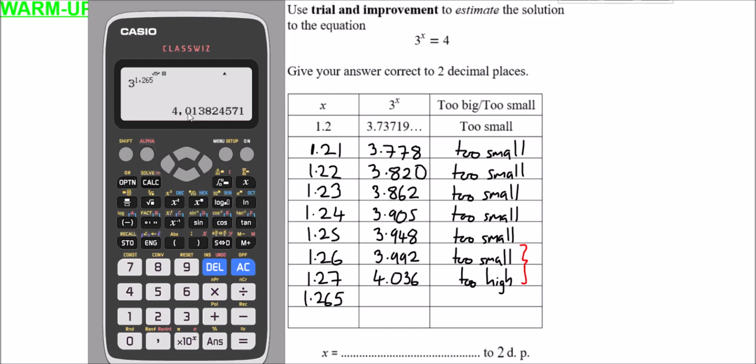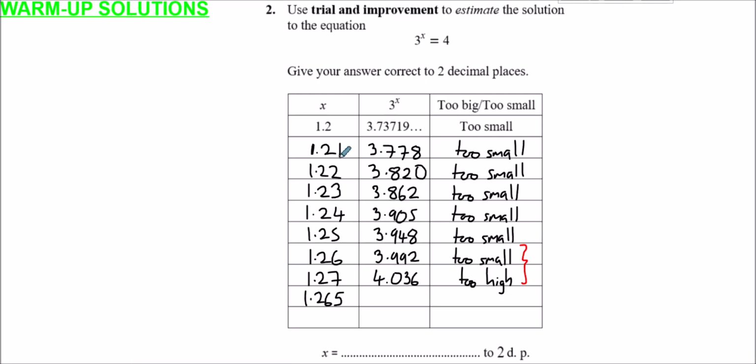That's 4.0138. So about 4.014, which is obviously too high. So therefore, the nearest value to 2 decimal places is 1.26. So x must equal 1.26 to 2 decimal places.